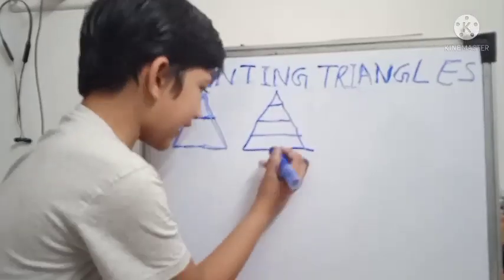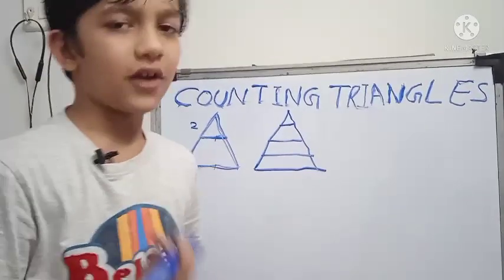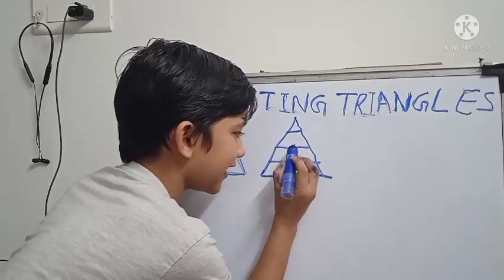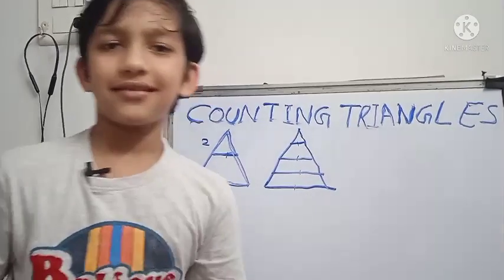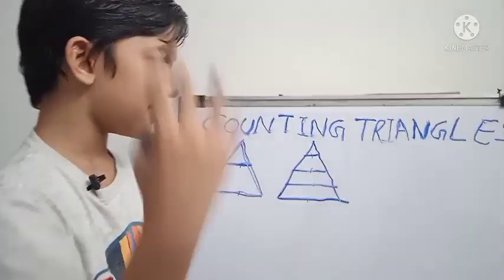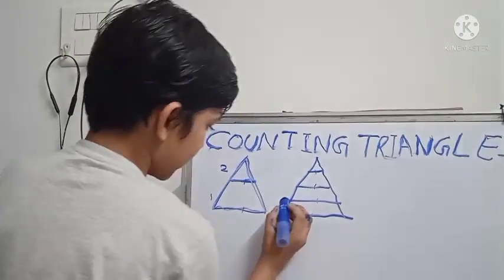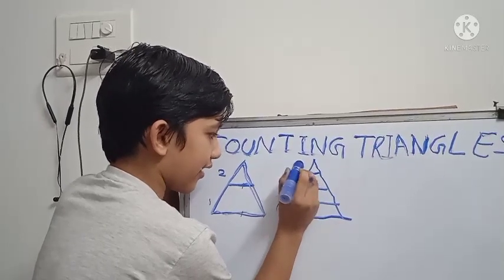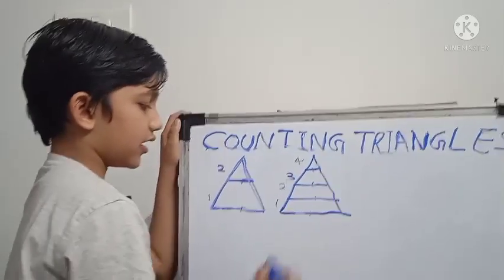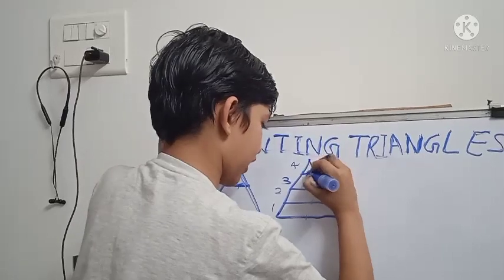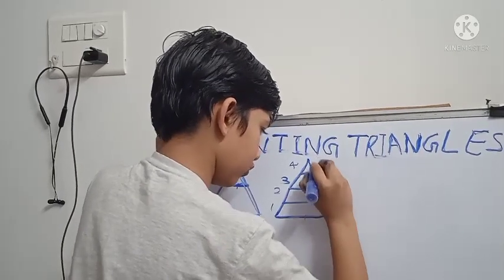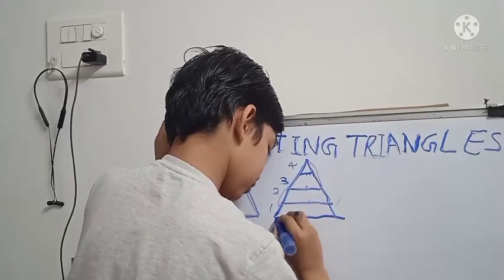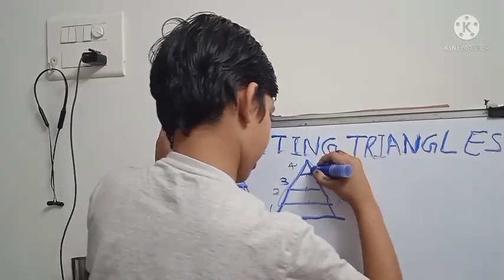As I told the formula, the number of horizontal lines represents the number of triangles. It is 1, 2, 3 and 4. It means there are 4 triangles in this figure. One is there, the second is here, the third is here, and the fourth is here. In the normal way we calculate 1, then 2, then 3, then the fourth triangle.